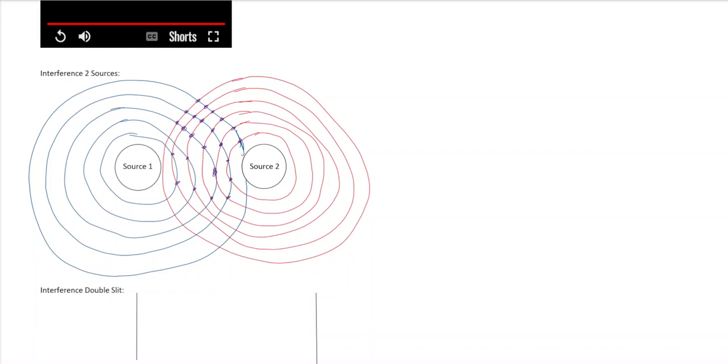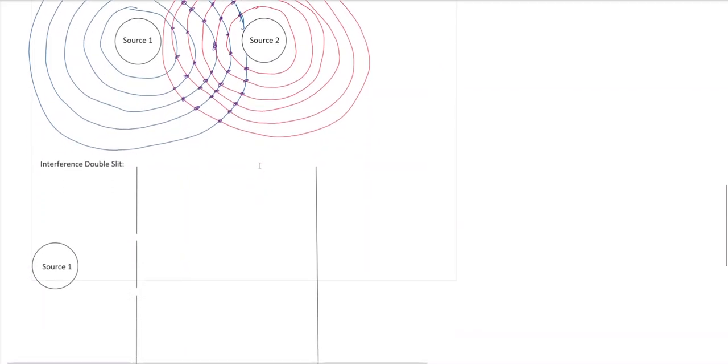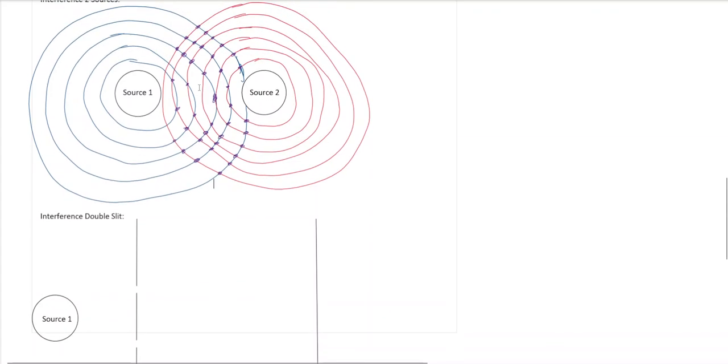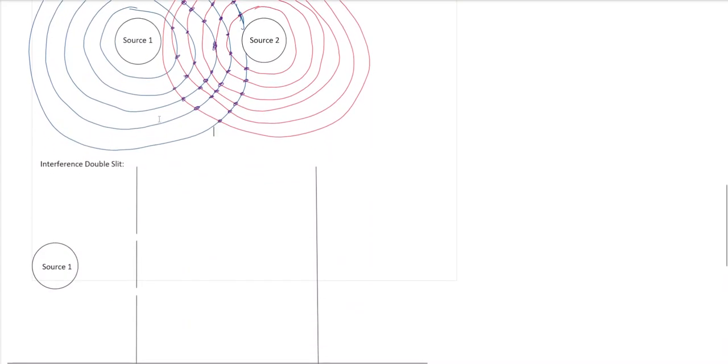But especially in the top part, it's somewhat clear what's happening, right? Or at the bottom part here. It's causing this quilt-like pattern, and those could be our nodes or our antinodes, depending on how the wave is being formed, if they're constructively or destructively interfering. But it's going to cause that sort of pattern. Okay, so that's kind of what that looks like with two sources.